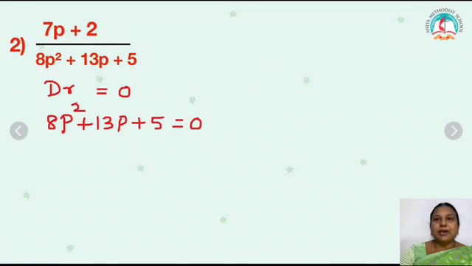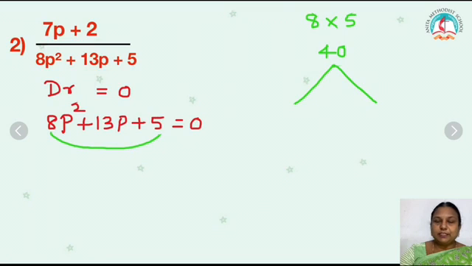You have to factorize. Okay, children, how do you factorize? The constant 5, you have to multiply with the coefficient of p squared, 8. So 8 into 5, what will you get? 40. So if you multiply any two numbers, you must get 40. If you add the same two numbers, you must get 13.